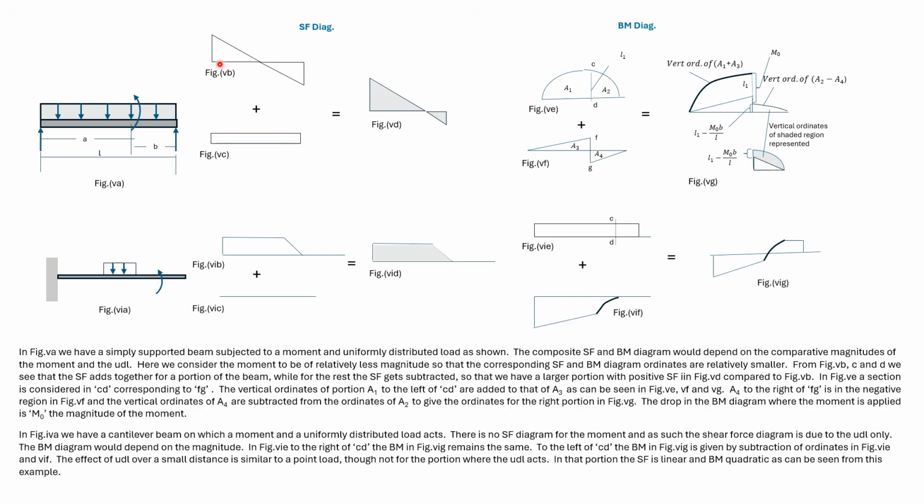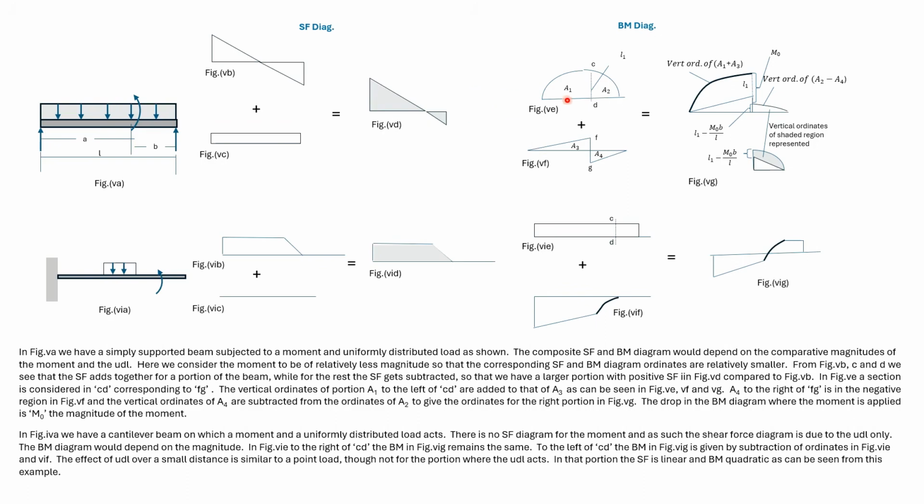The shear force for the positive portion in this diagram will be added up, while for the rest the shear force will be subtracted. So in the end we get a smaller triangle in the negative region.